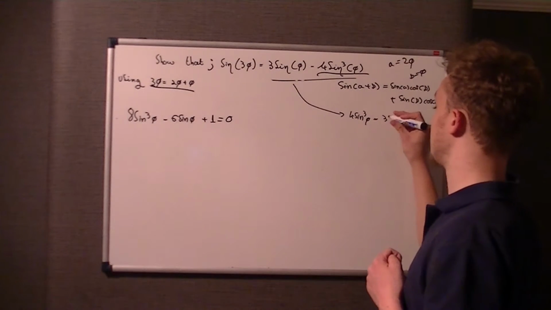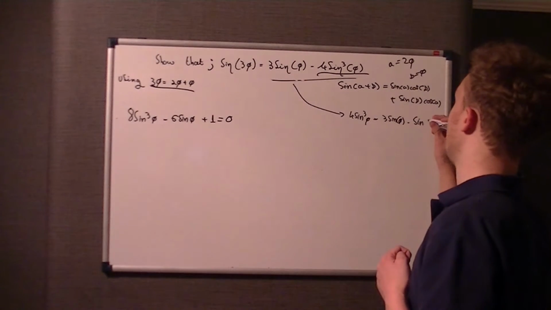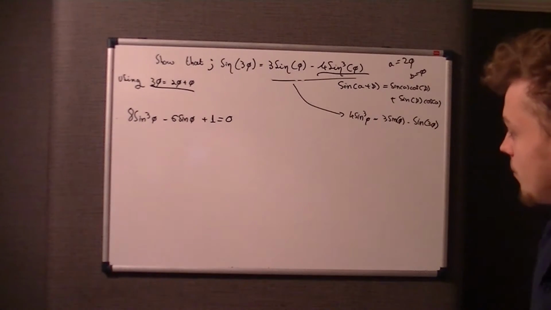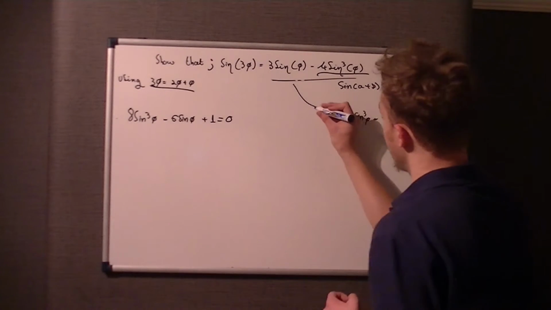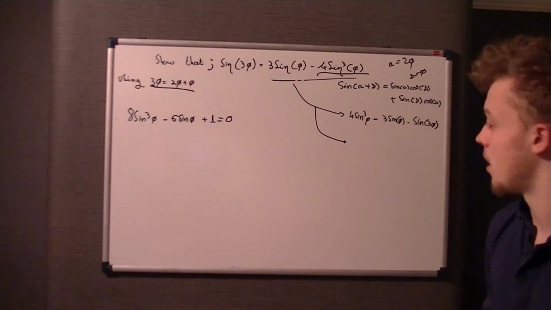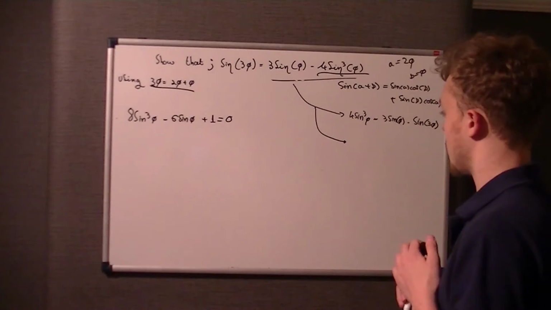Okay, and that's equal to 3 sine theta, take sine 3 theta. As I said, you should end up with the exact same answer, whichever way you do it, because we're going to end up with sine 3 theta as a main part of this end bit.